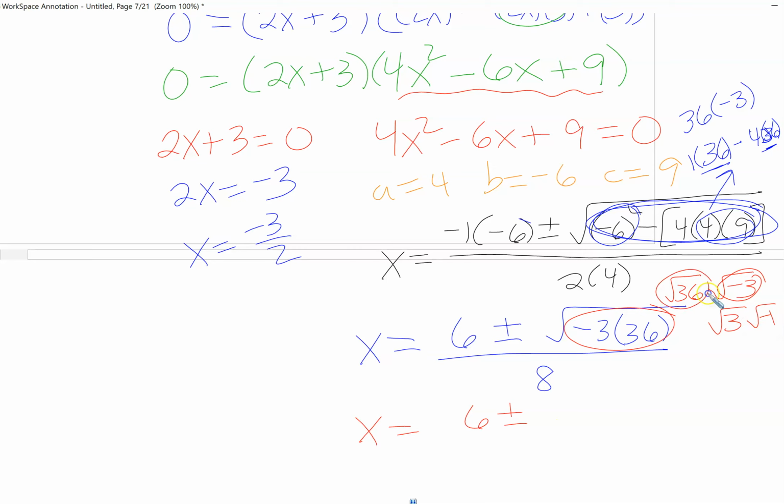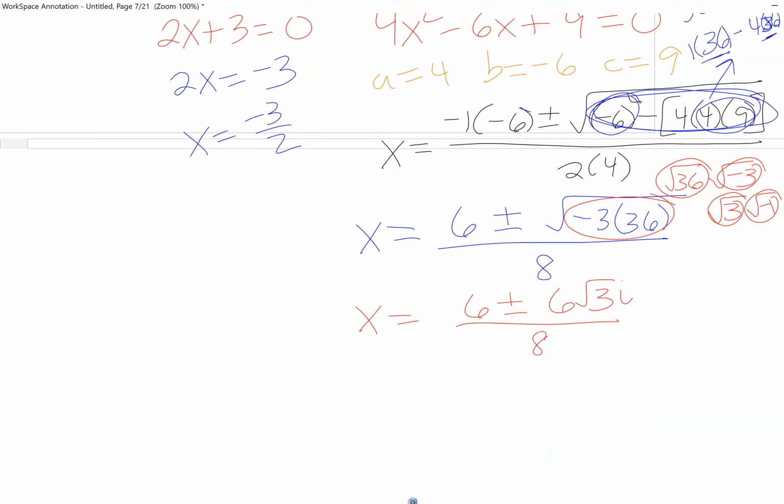So that gives us 6 times the square root of 3 times i, all over 8. Splitting this apart so that we can do our simplifying further, we have 6/8 plus or minus 6 root 3 over 8 times i.